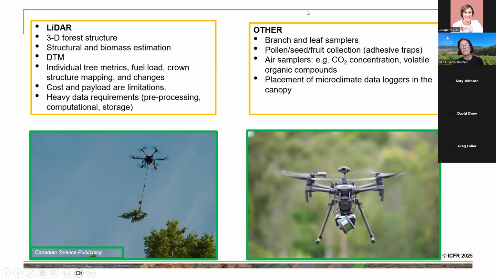And then we have other tools that I would be very keen to test myself. We don't have the opportunity yet. For example, tools that one can attach to the drone to take actual physical samples of the canopy, like branch and leaf samplers, or pollen, seed, and fruit collection using adhesive traps, and also for the placement of microclimate data loggers on the canopy if we want to do a study of the microclimate within the canopy.